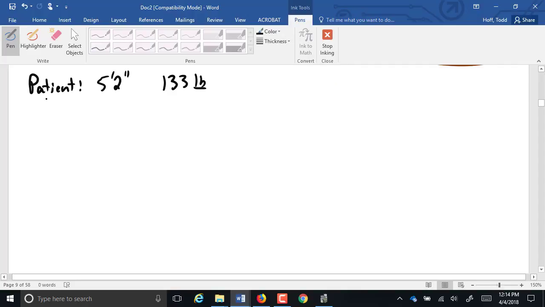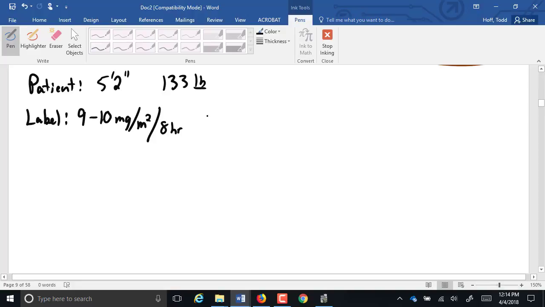Our bottle, our label, is going to say to give 9 to 10 milligrams per meter squared per 8 hours.